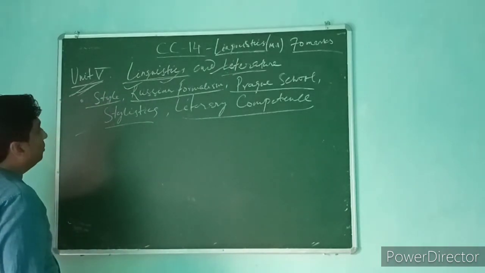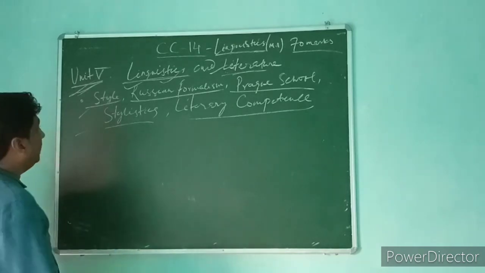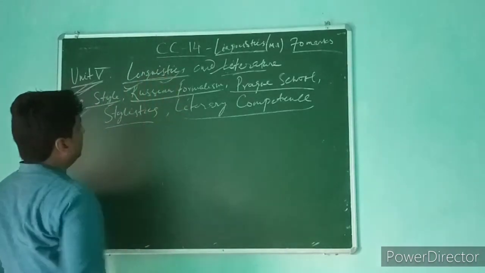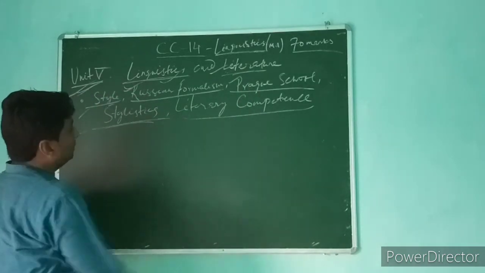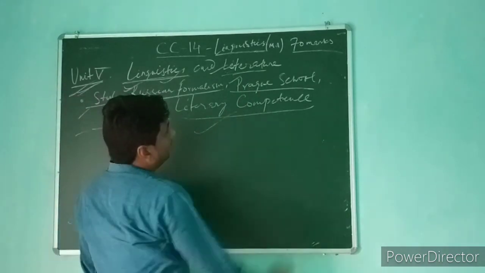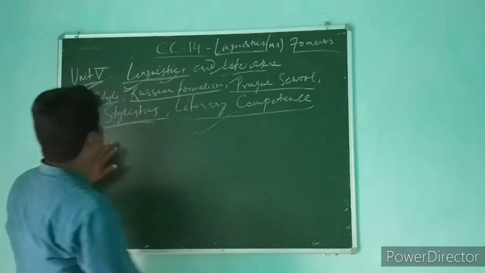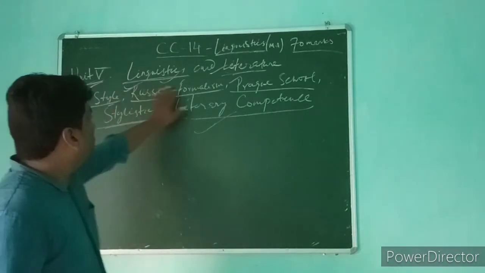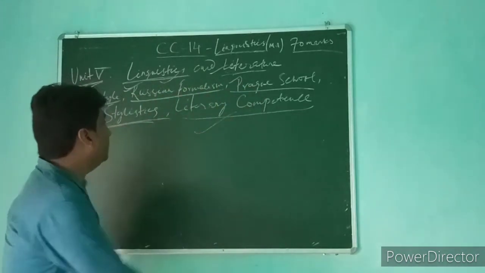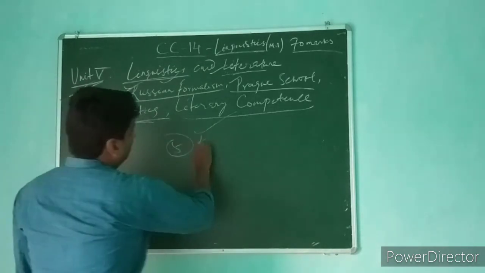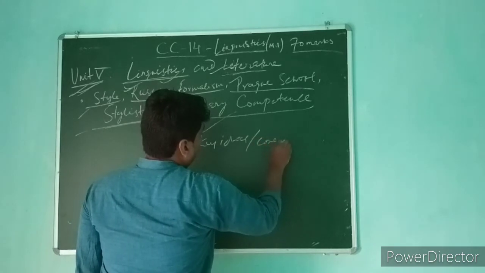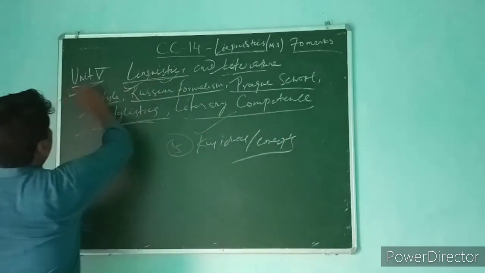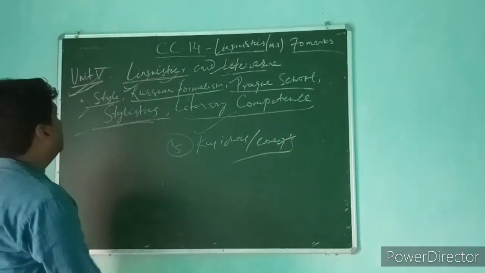In this context the first key concept that we have to study is style, right? The second key idea is Russian formalism, the third one is Prague school, the fourth one is stylistics, and the fifth one is literary competence. So these are primarily the 5 key concepts that we have to study within unit 5, linguistics and literature, right?